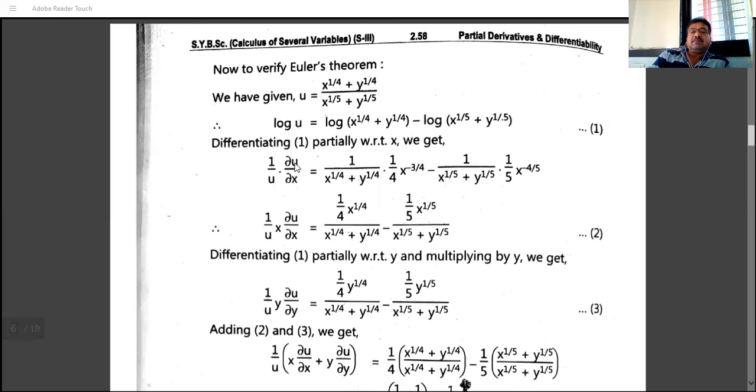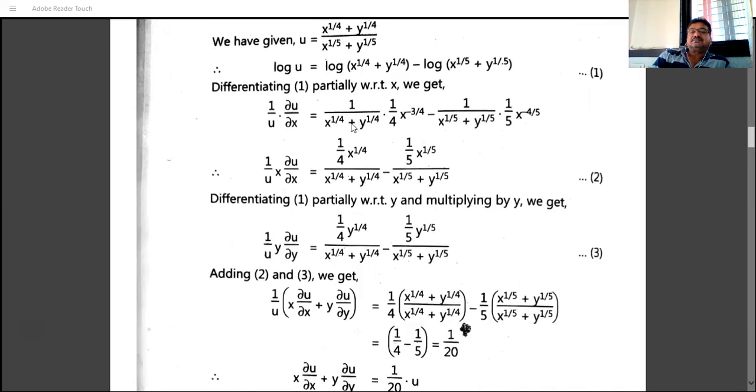Then log u, derivative 1 by u ∂u/∂x, and the log rule gives 1 by this bracket, into the derivative of this bracket with respect to x, which is 1 by 4 x raised to 1 by 4 minus 1, that is minus 3 by 4, minus the same for this factor, 1 by this factor, into its derivative with respect to x, which is 1 by 5 x raised to 1 by 5 minus 1, that is minus 4 by 5.